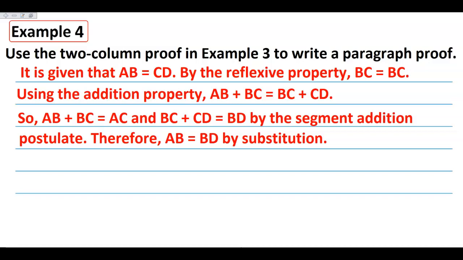But like for sentence 2, instead of saying by the reflexive property BC equals BC, I could have said BC equals BC because of the reflexive property, or by the reflexive property. That's fine. So things like that are always going to be something that may change person to person, and that's okay. But again, the biggest thing is you just want to make sure that what you're actually saying is consistent. But the way you say it is totally up to you.